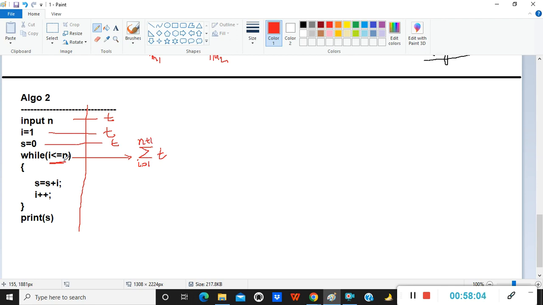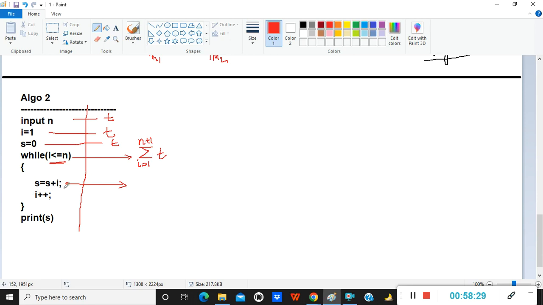Up to n it will run, but the base condition, meaning when it will terminate, is also required. So I is also checked up to n plus 1. You can always omit one or two comparisons or statements, because all these things are on a hypothetical basis, an approximation. But still, why will you not do that?